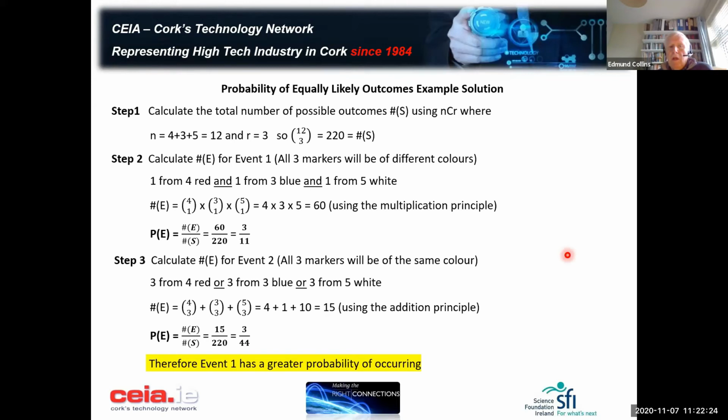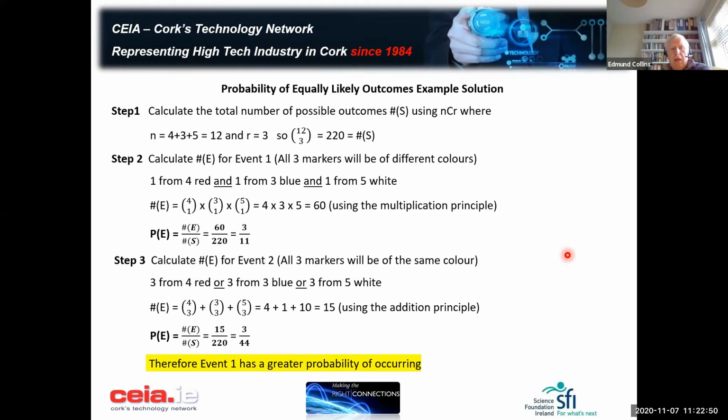So how do we arrive at that? Well, the first step in solving the problem was to use nCr to calculate the sample space, so the number of combinations. You see we had 4 of one color, 3 of another, and 5 of another.